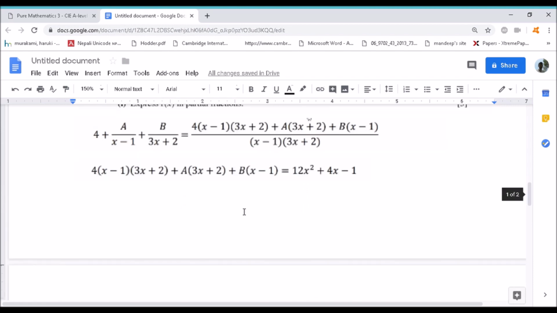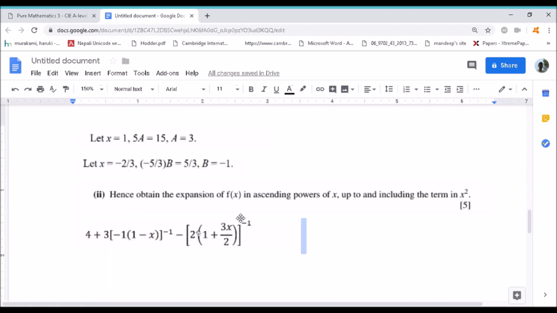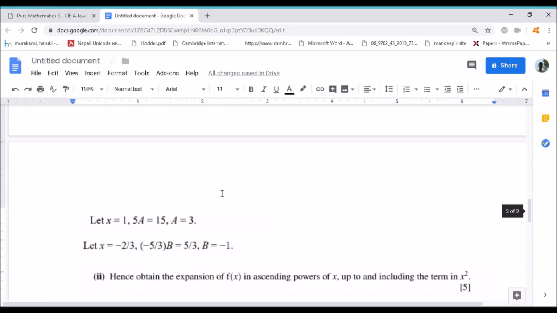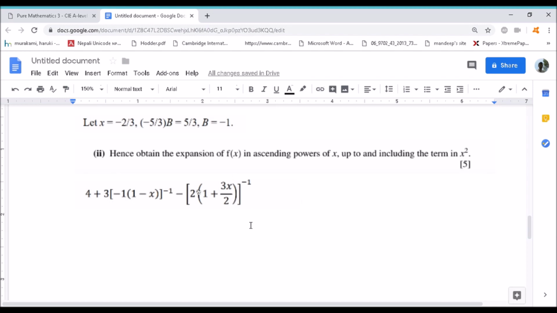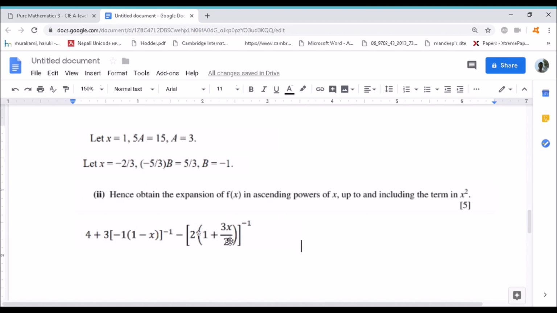Now what we have to do is find the ascending powers of x. We have (1 minus x) to the power minus 1, minus 2 (1 plus 3x divided by 2) to the power minus 1. I got this as you just replace the value and write it in the 1 plus ax form, so that you can simplify.